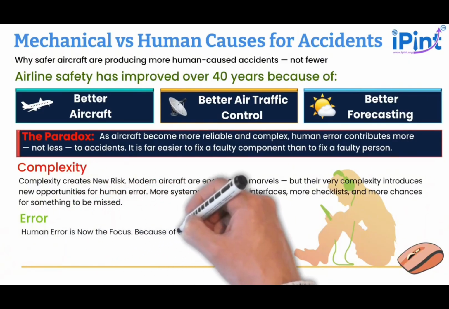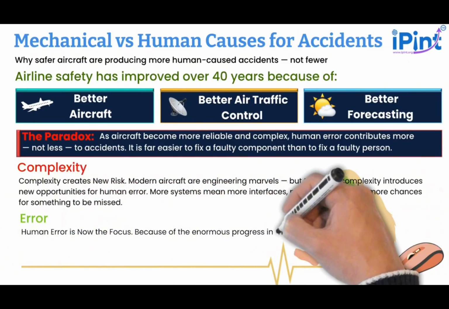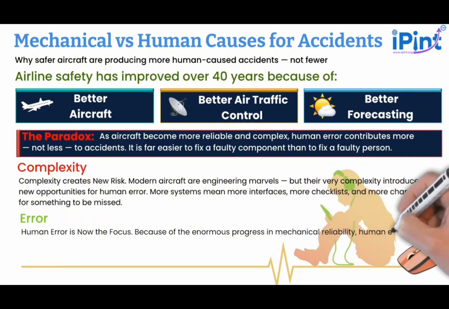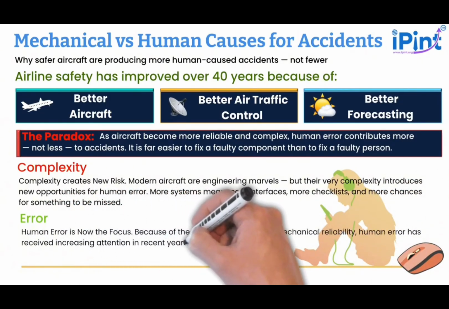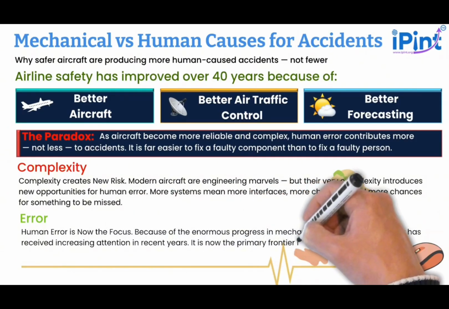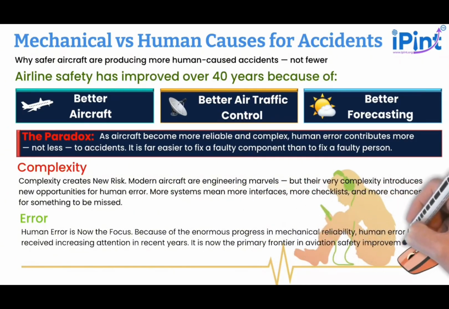Because of the enormous progress in mechanical reliability, human error has received increasing attention in recent years. It is now the primary frontier in aviation safety improvement worldwide. A faulty part can be replaced. A faulty habit, assumption, or culture takes real effort to change. That effort starts here, in training like this one.